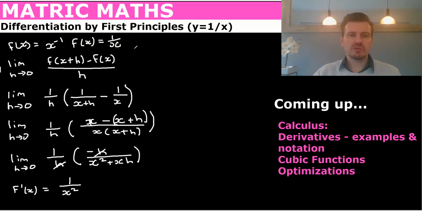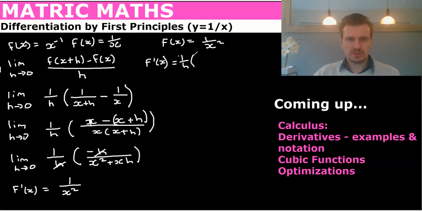Do we have time? We can do one more. So let's say that we had f of x equals 1 over x squared. Okay. So again, limit as h tends to 0. I'm not going to write it out again, but you would need to. And so then we would say f dash of x equals 1 over h multiplied by 1 over x plus h squared minus 1 over x squared.